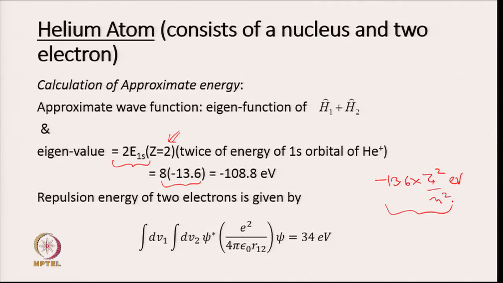If I calculate this for the helium atom, Z will be equal to 2. So, we will get minus 13.6 into 4 divided by n square, and if I take n equal to 1, then we will get 8 multiplied by minus 13.6 electron volt. So, this is the energy value for the helium atom, and this is equal to minus 108.8 electron volt.